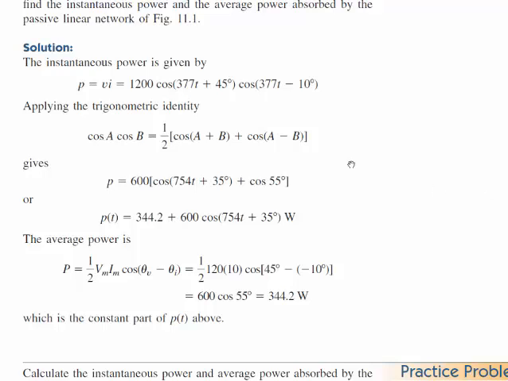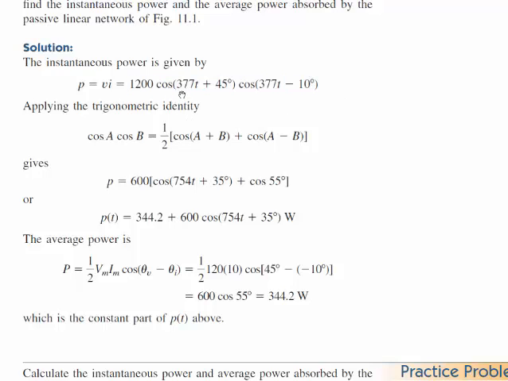I think it's example 11.1. It says the instantaneous power is given by, so instantaneous is at a particular instant of time, so I expect this to be a function of time, and I can't do my phasor notation as a function of time, right? So this is truly what's really happening. It's really a function of time.